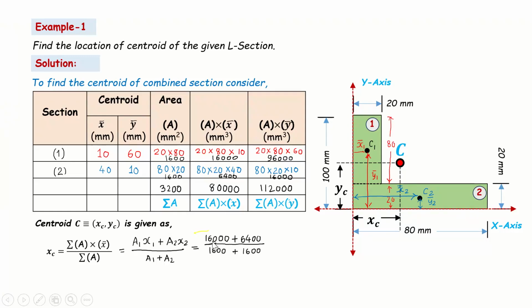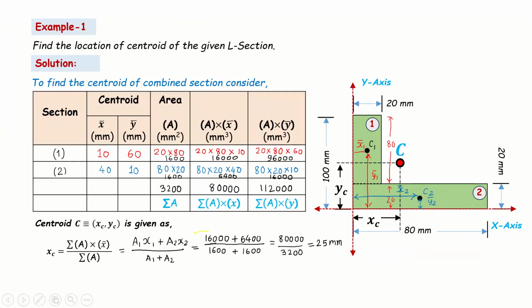So a1 x1 plus a2 x2 is nothing but the summation of A into x, which we got as 80,000, and the denominator is 3,200. If you solve this, the value of xc, the x coordinate of the centroid, will come as 25 mm, friends.